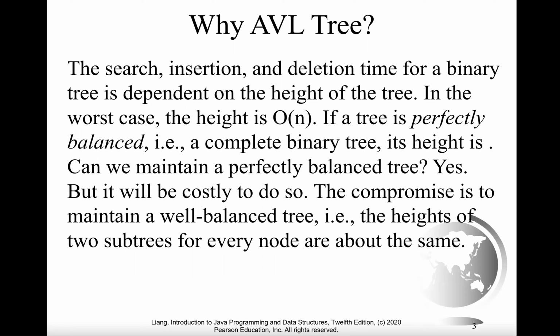Can we maintain a perfectly balanced tree? Yes, but it will be costly to do so. The compromise is to maintain a well-balanced tree. That's the heights of two subtrees for every node is about the same.